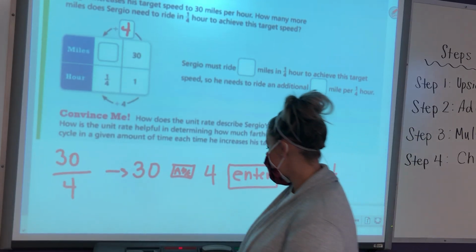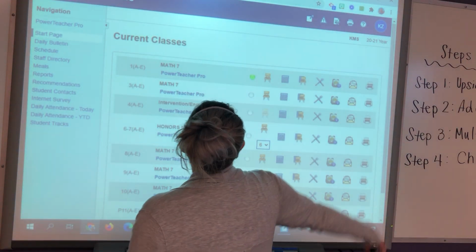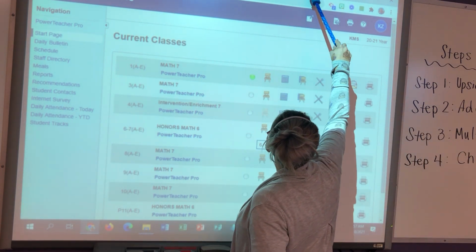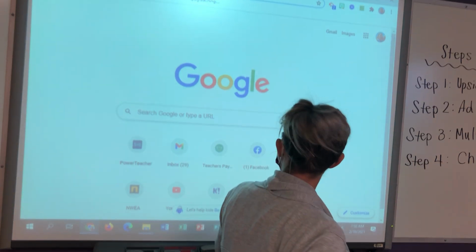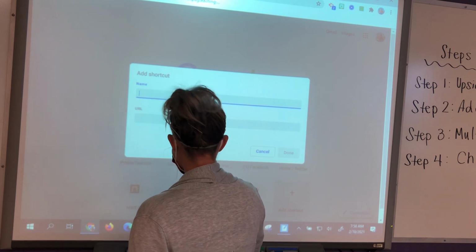Now, Desmos, you just have to click the little button. I need to put it here. Still need to get taller.